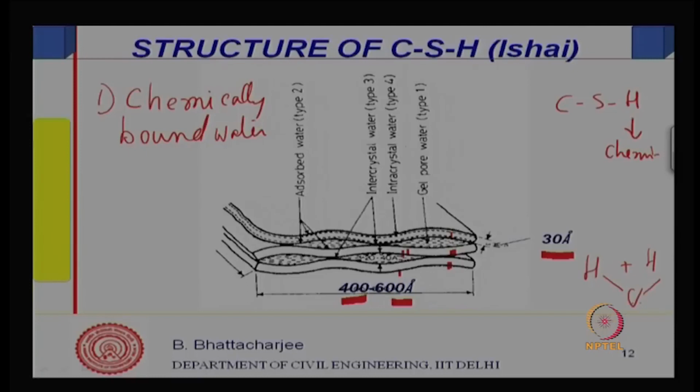Therefore, it is polar. So, it can get adsorbed at the surface. So, you have adsorbed water at the surface. Now, between two layers, he actually called it intercrystal water. So, other than chemically combined water, of course, you can have an adsorbed layer, adsorbed water.